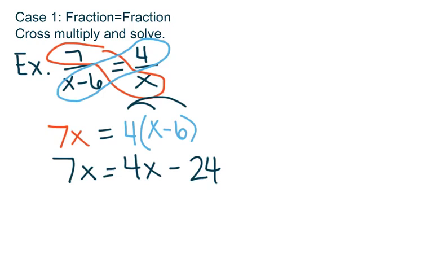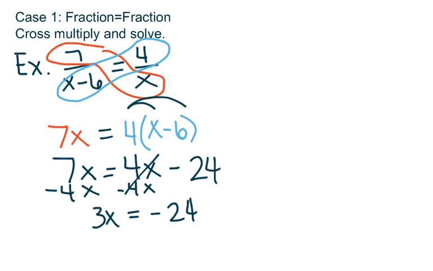Okay, so we've cross multiplied, we've distributed anything that we can, and now we're just going to solve like we did back in the day when we were doing Math 1 problems. We need to move this positive 4x to the other side, so the way that we undo that is subtract it. Alright, so that's going to cancel out. 7x minus 4x is just 3x equals negative 24.